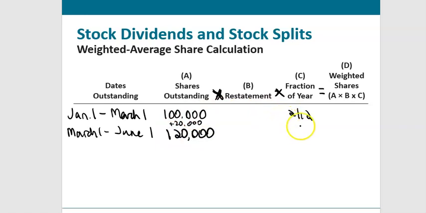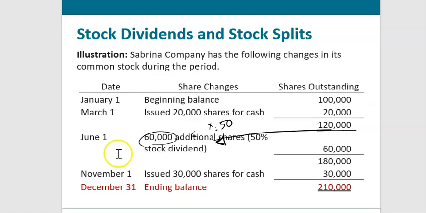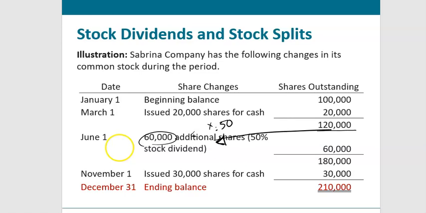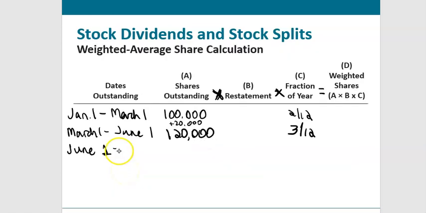We're looking at what fraction of the year, March, April, and May, 3 out of 12 months. On June 1st, the company issues a 50% stock dividend. So from June 1st to November 1st, that's the next event date. The next thing that happens is on November 1st.